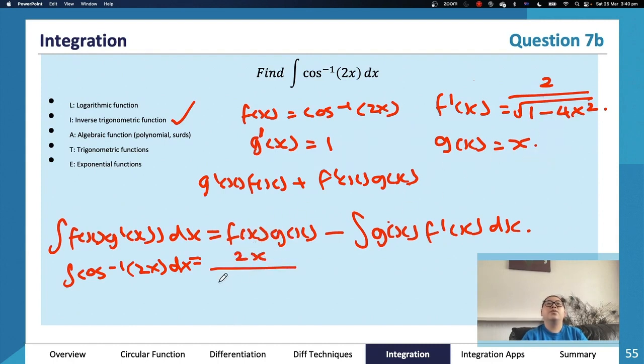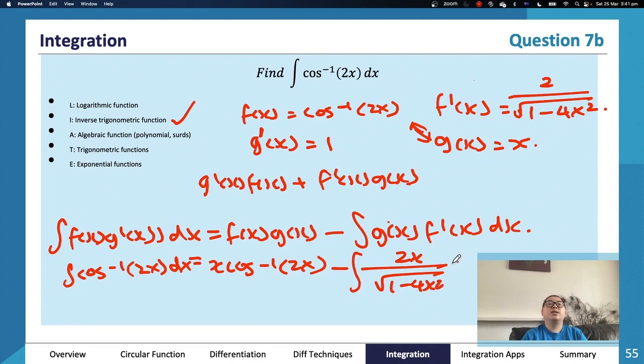So it'll be x cos inverse 2x, and then minus the integration of g of x, which is x, times f dash of x, which is 2x over root 1 minus 4x squared dx.